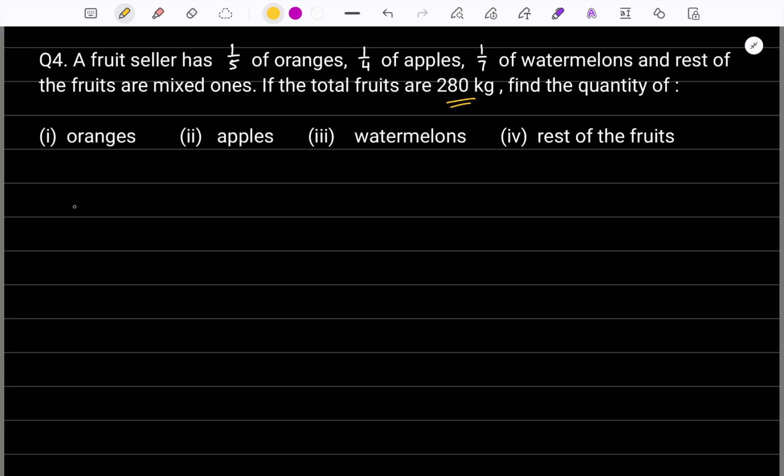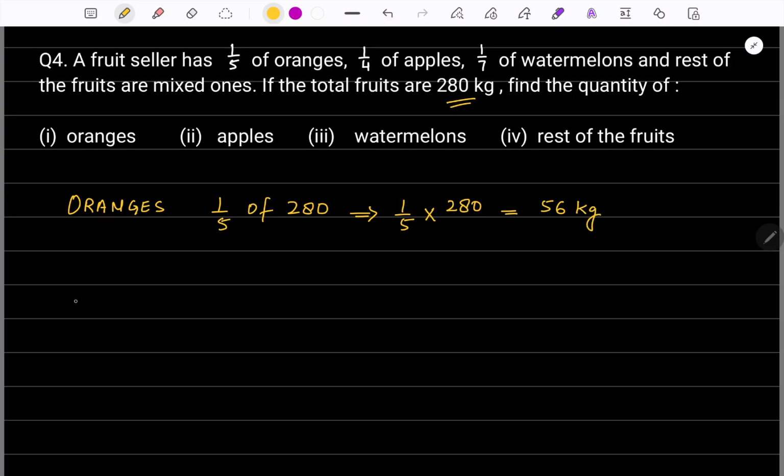So for oranges, it's written 1 by 5 of the total. Means we can write 1 by 5 of 280. Now this can be rewritten as 1 by 5, where "of" gets replaced with the sign of multiplication, and then we write 280. So this brings us to the answer of 56 kgs.